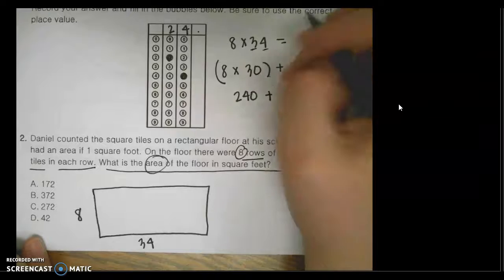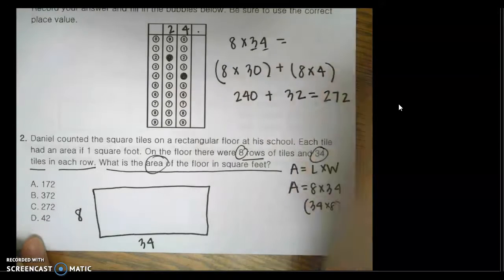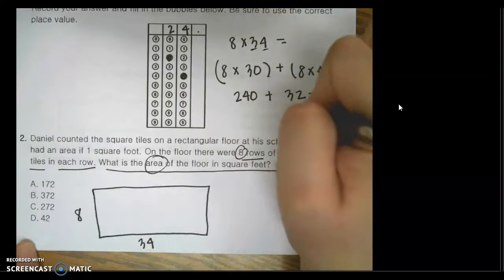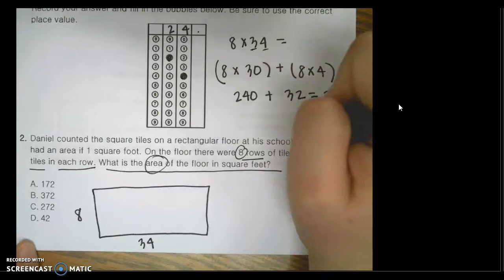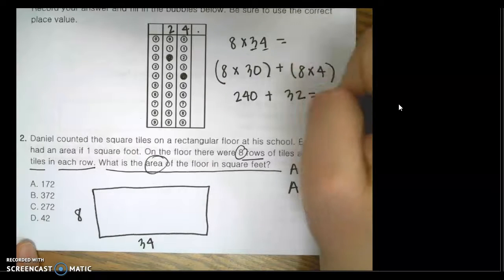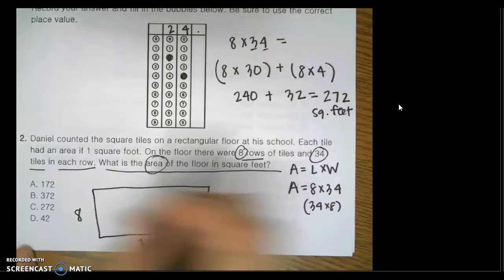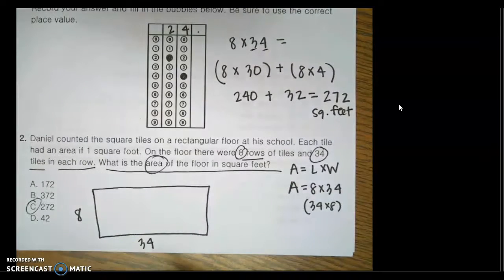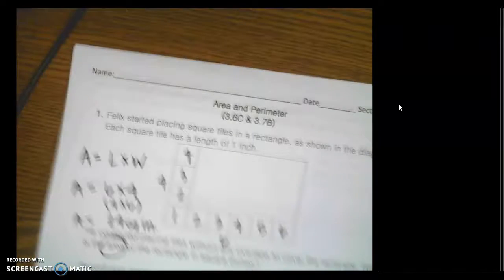Good. 272 square feet. Okay, there should be a label on this answer choice, but there's not, but there should be. All right.